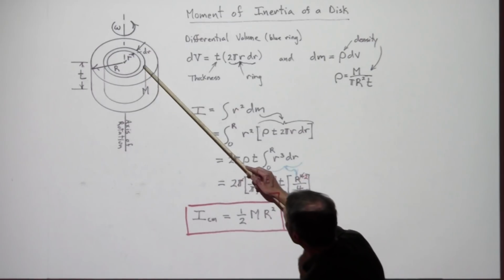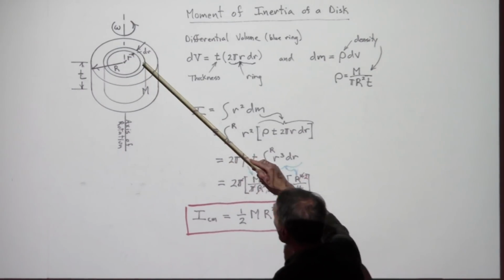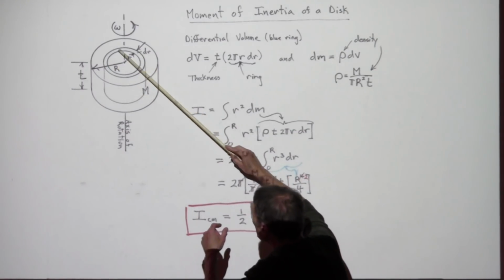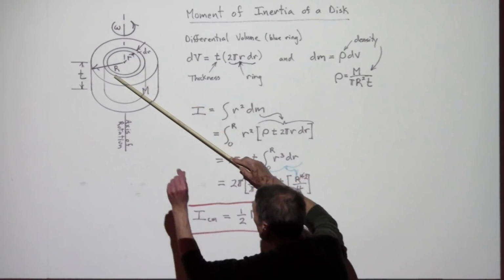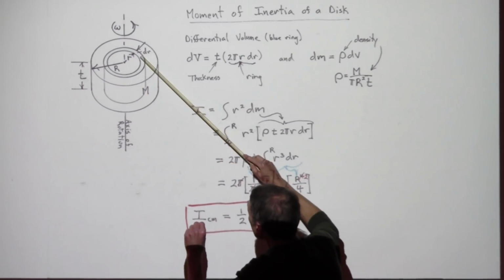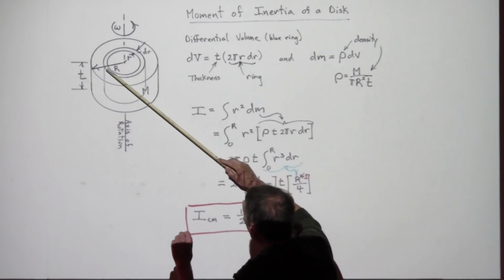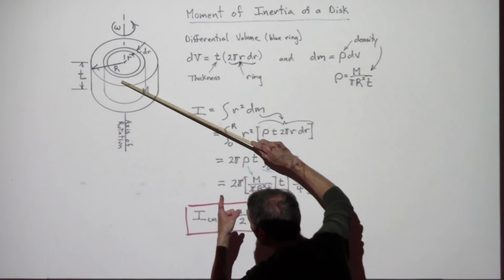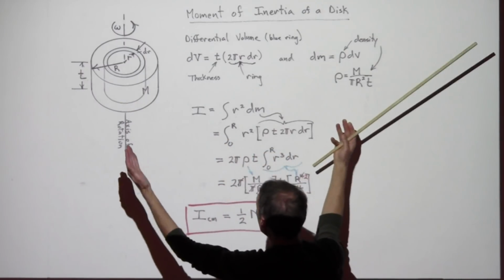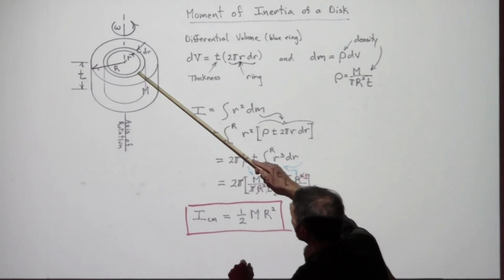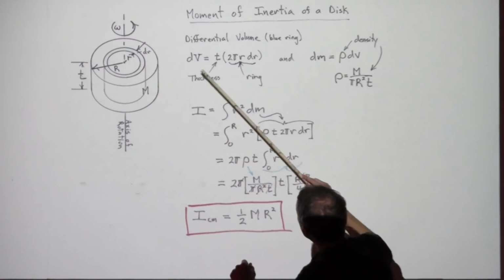Then the differential volume is going to be the volume of this ring. Think of this as a real thin little piece, a little dr is the thickness on this. It wraps around. And if you imagine taking that thing and slicing it and then laying it open flat, this circular part would be one dimension.